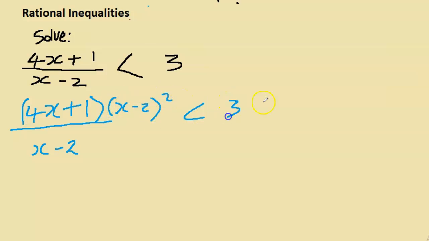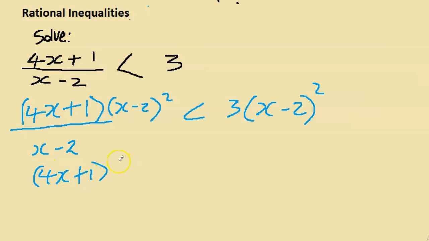I could multiply this side also by the square of the denominator, x minus 2 all squared. And what will happen is that we'll have 4x plus 1, x minus 2 times x minus 2 squared gives you x minus 2, less than 3 times x minus 2 all squared.